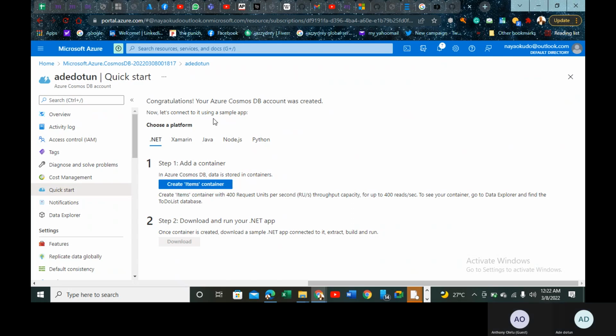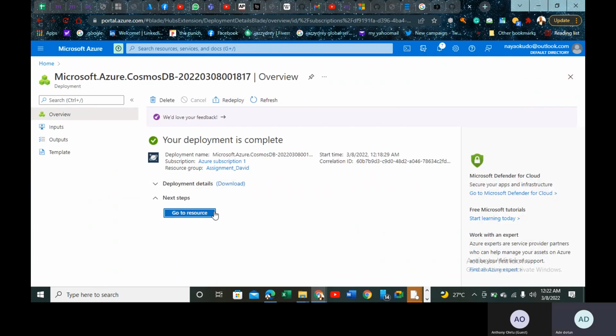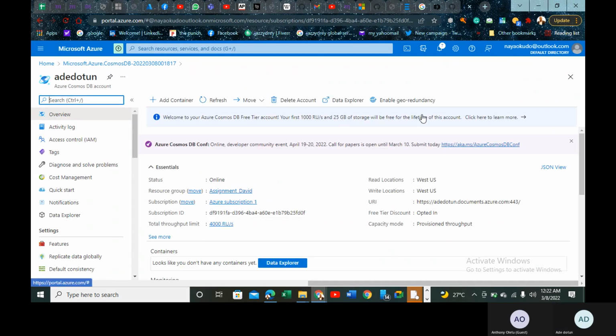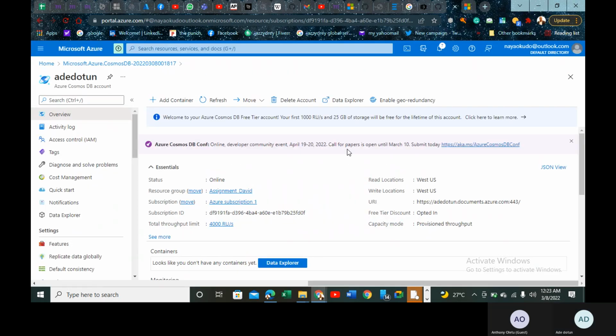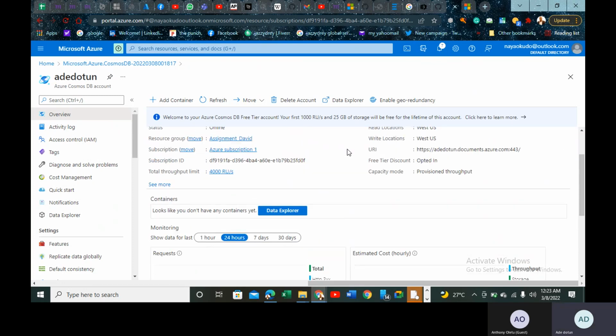Let's see. So you can choose different platforms: Xamarin, Java, Node.js, and Python. Okay, so look at it very well.